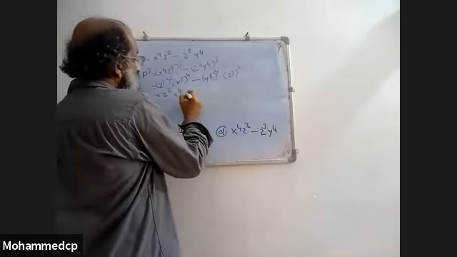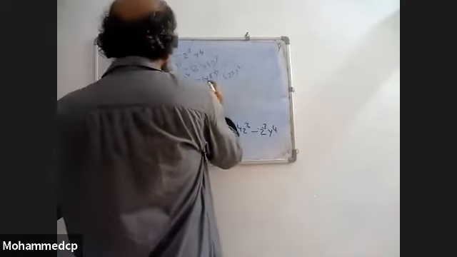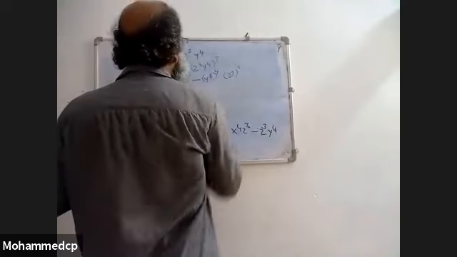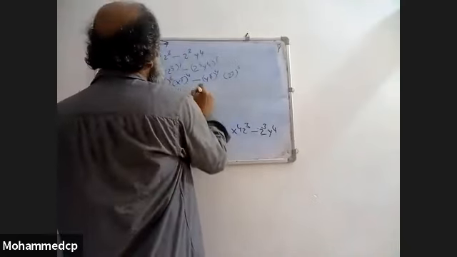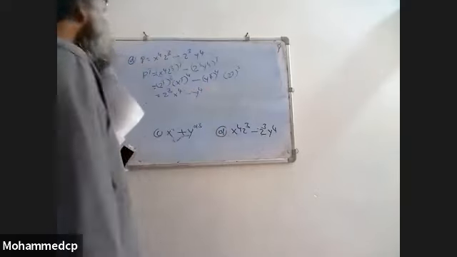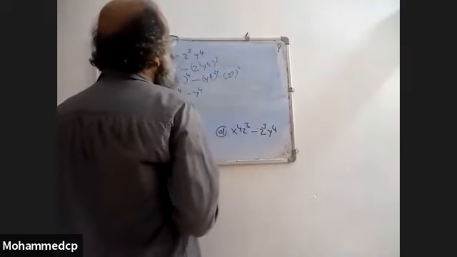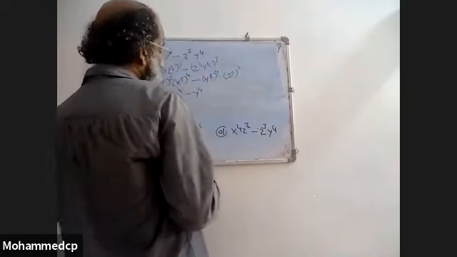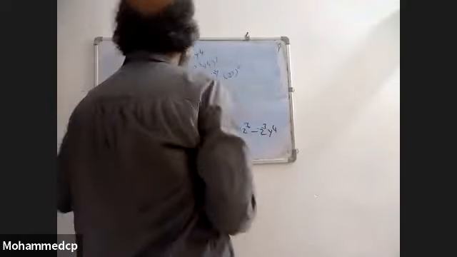Z cube is z cube transpose. Next, z by transpose raised to 4, which is minus y raised to 4, we get y raised to 4. Y raised to 4 into z transpose cube, therefore z transpose is z cube.